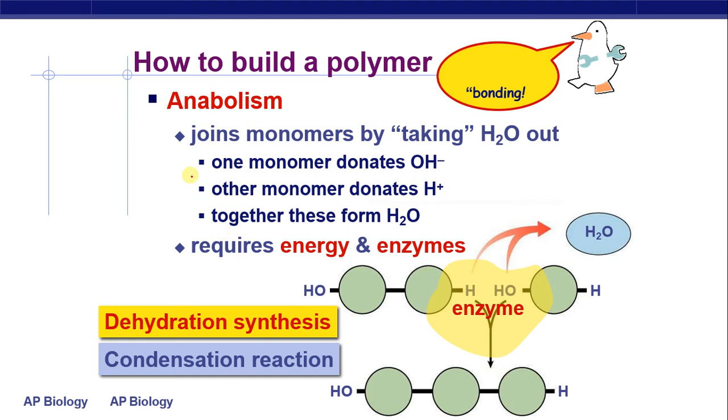If we notice right here, one monomer donates a hydrogen, the other donates an OH. So these are groups that are attached to the structure of these monomers. And H and OH come together to form water, and they leave, and it's left with this covalent bond.